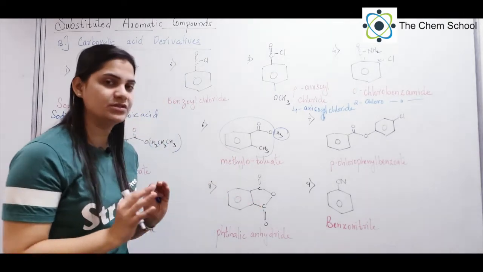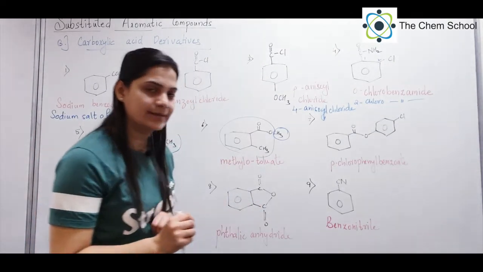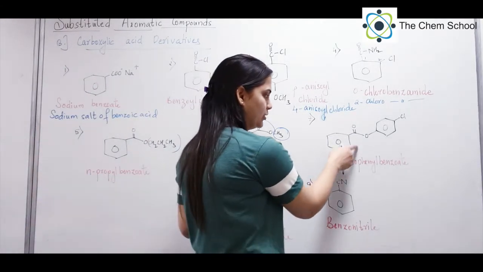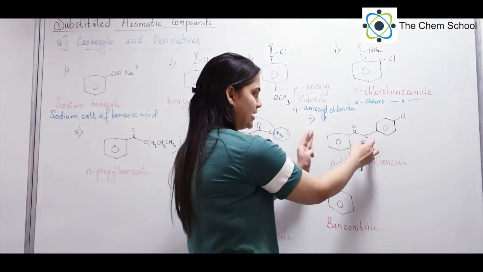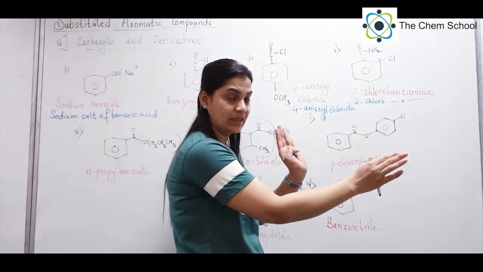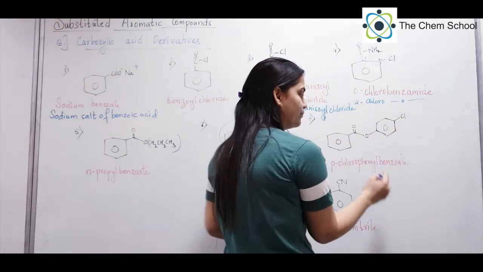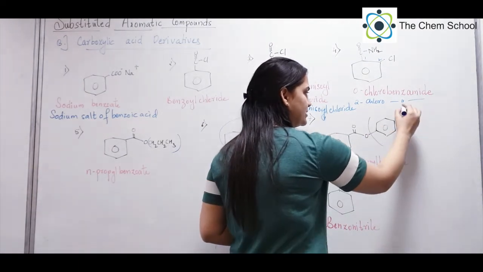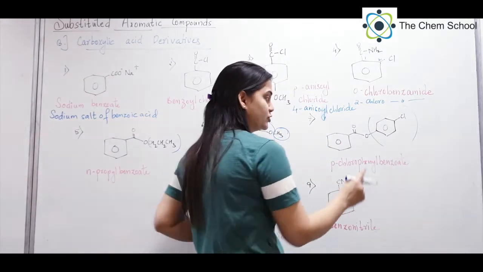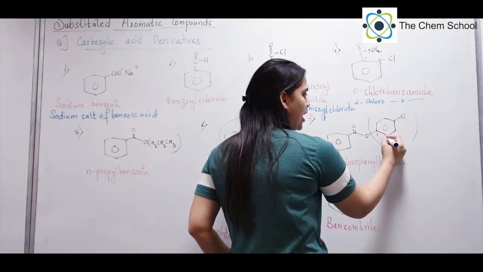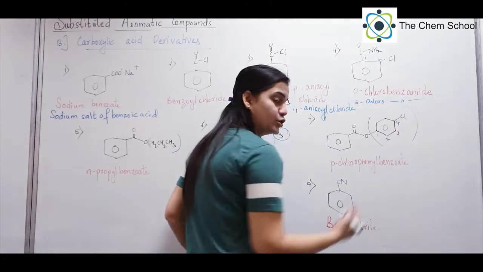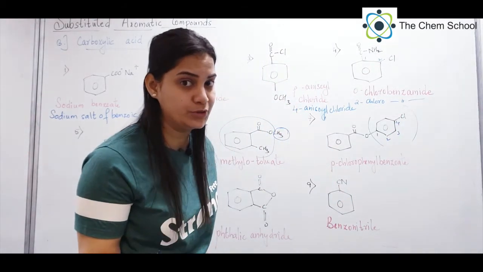I hope this is very clear to all of you. Have a look at the next one. See, on the ring you have nothing else, so you just have this benzoate. We'll take care of this later. But have a look at the other part. Now this oxygen is attached to this part, right? With respect to this oxygen, this is 1, 2, 3 and 4. So you have chloro on the 4th position, and the 4th position is para.